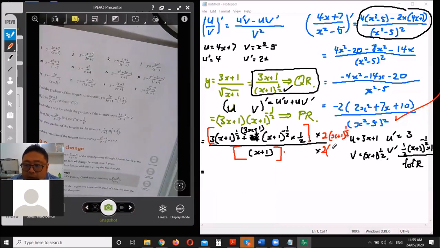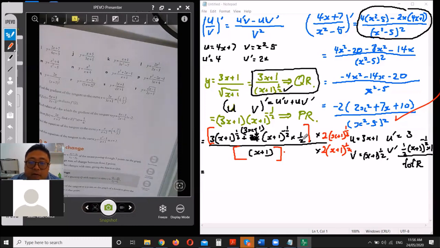Now, why do we do that? Explain why we might be doing that. To remove the minus a half, I think. Yes, so that will cancel with that, giving x plus 1, and the 2 will cancel with the half.